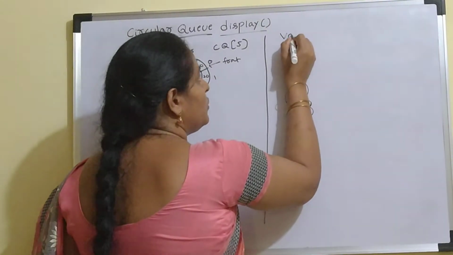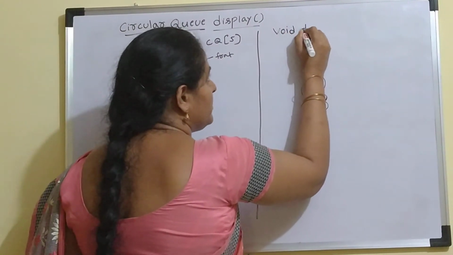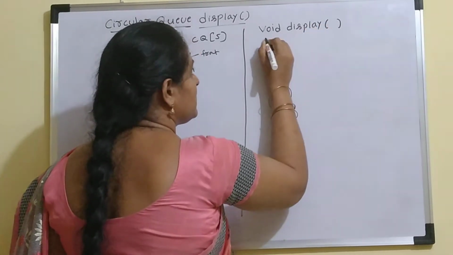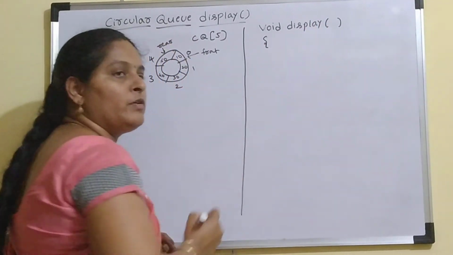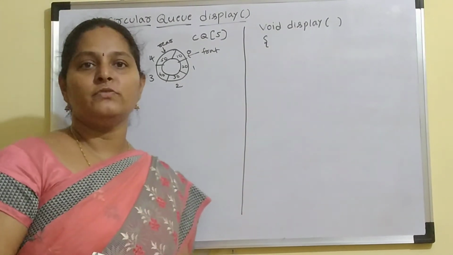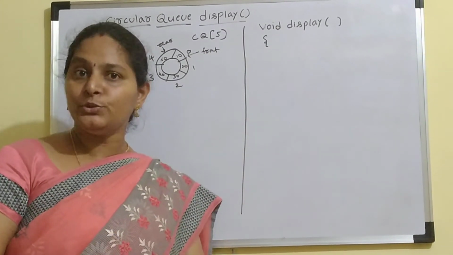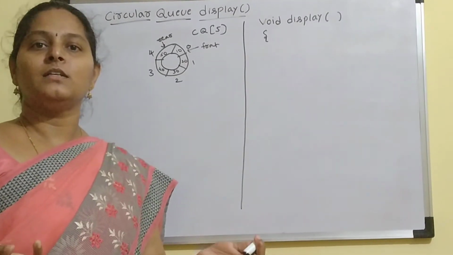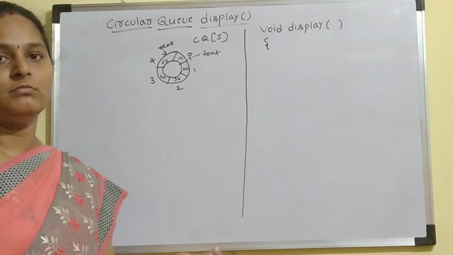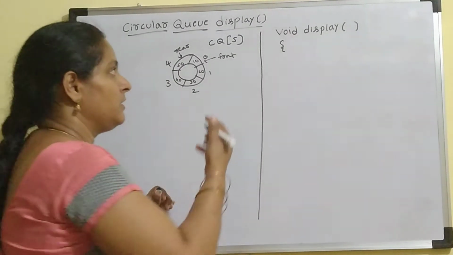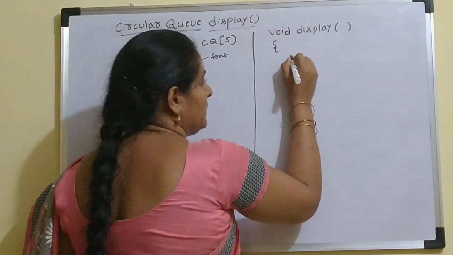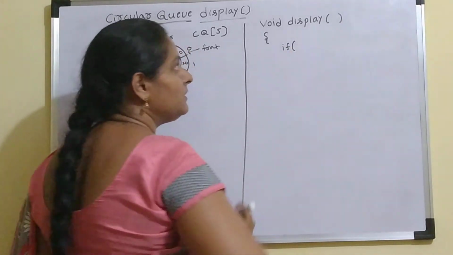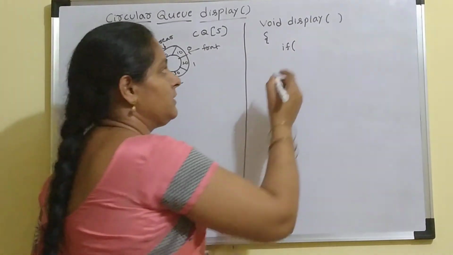So, void display. Here I am not passing any parameters. If you want to display the contents of the circular queue, first of all your circular queue should contain some elements. If your circular queue is empty, the display operation is not possible, as there is nothing to print. So check whether the circular queue is empty or not.